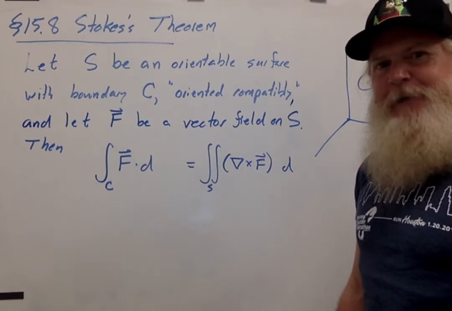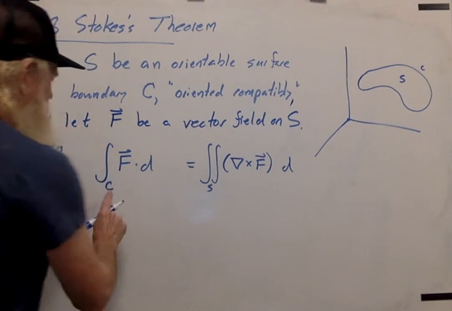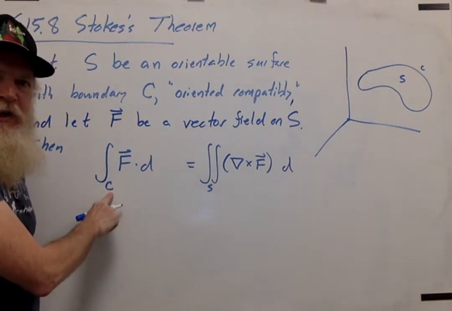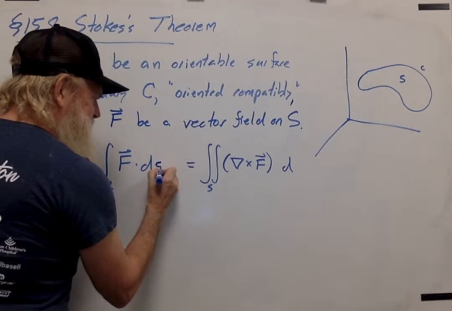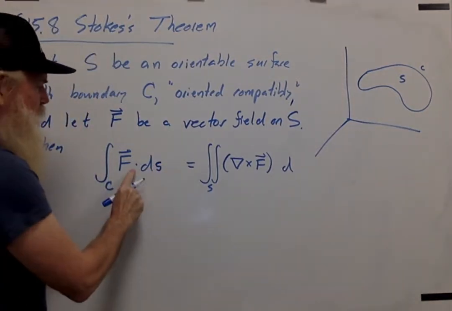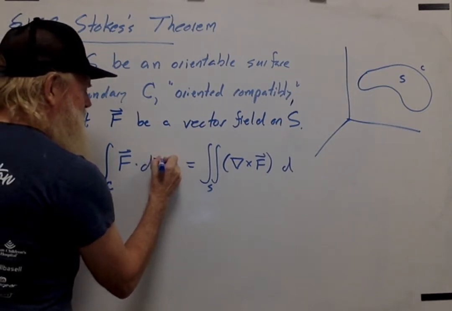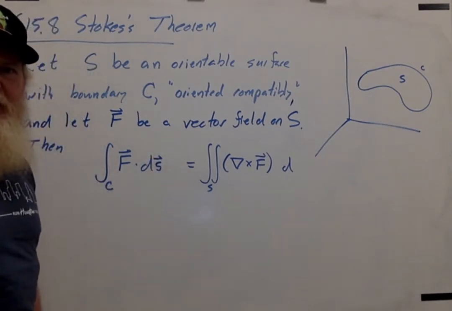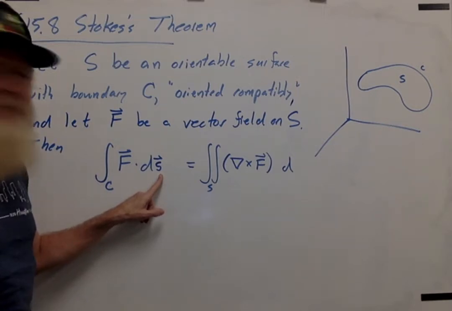Think about it for a second. Notice over here, I'm integrating along a curve, which means that this is going to be a little ds. And in order to carry out a dot product, this had better be little vector ds. That's the only thing that would make sense in this context.